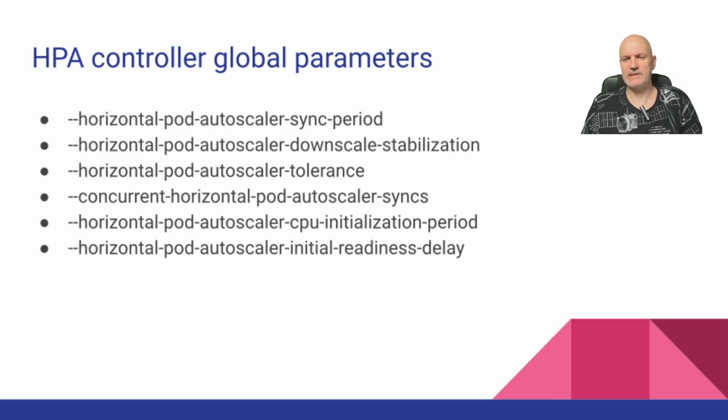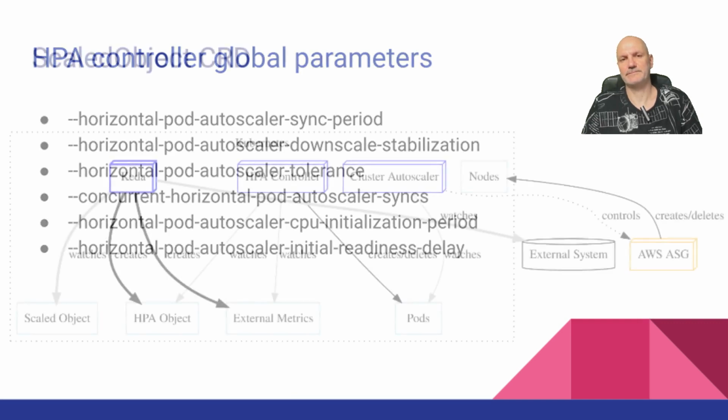For CPU-based scaling, make sure you understand well the CPU initialization period and initial readiness delay settings, as they both delay the inclusion of a ready pod into autoscaling considerations.